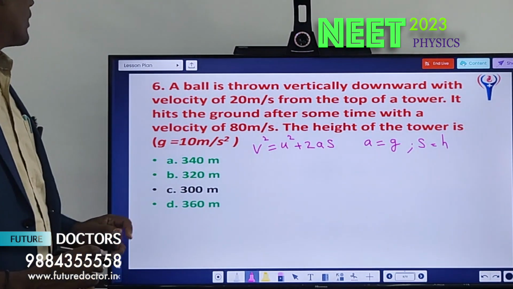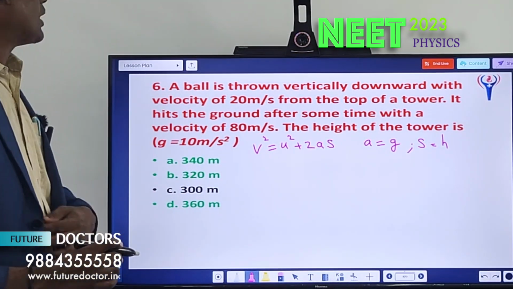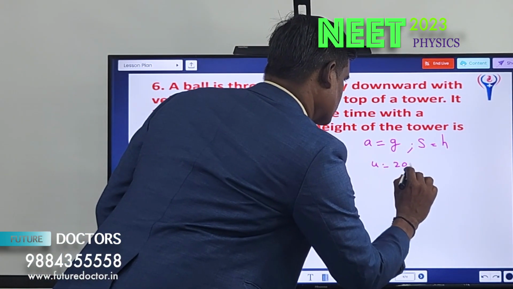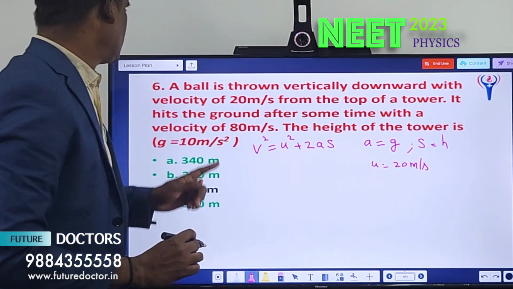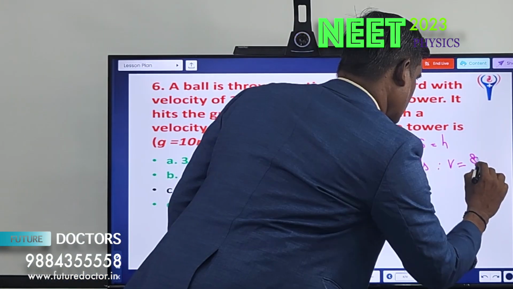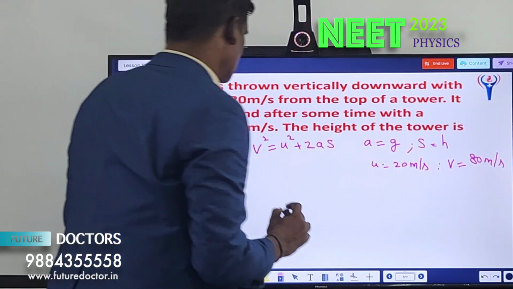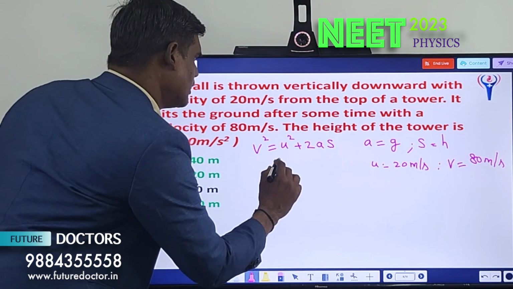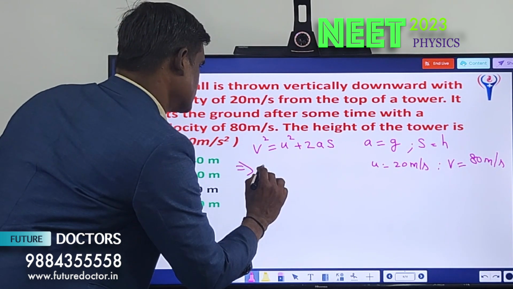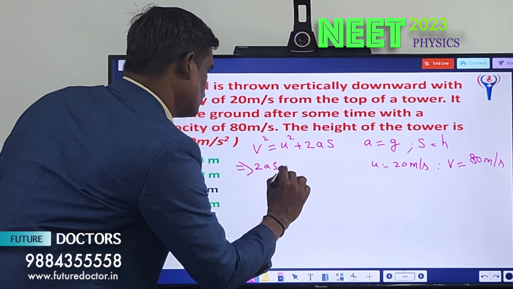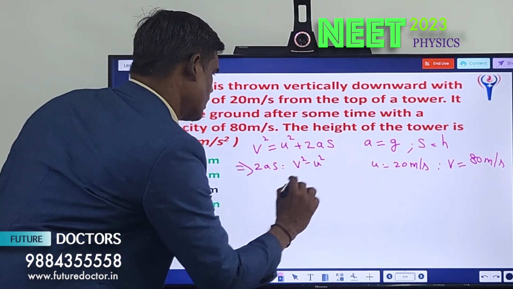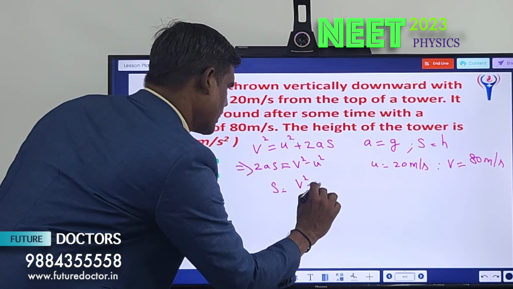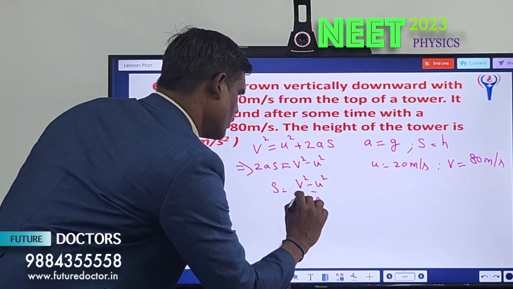The data given: initial velocity u equal to 20 meters per second and v equal to 80 meters per second. Substitute these here, as we want to find only H. First simplify for s: 2as equal to v square minus u square, so s equal to (v square minus u square) divided by 2a.